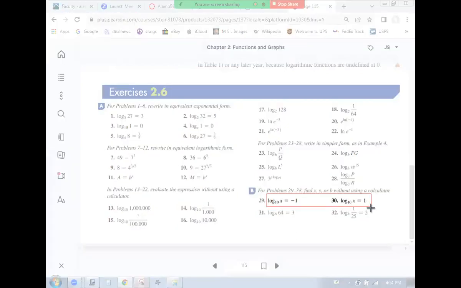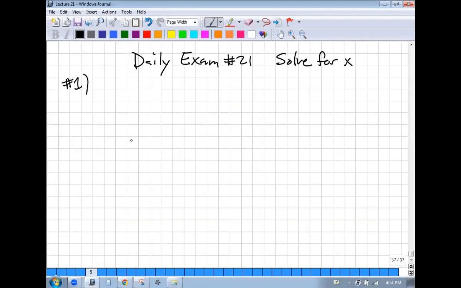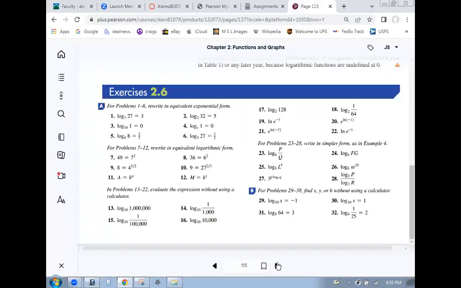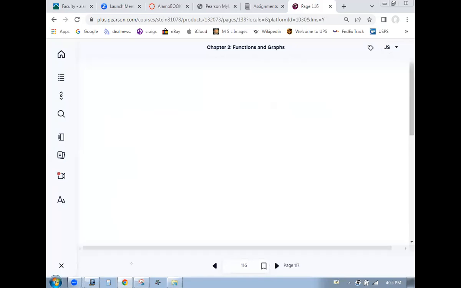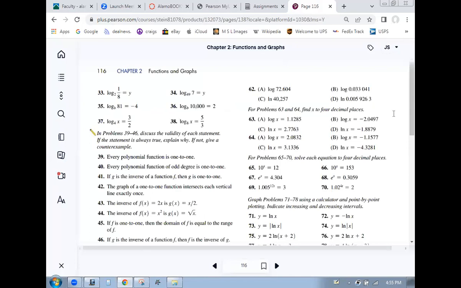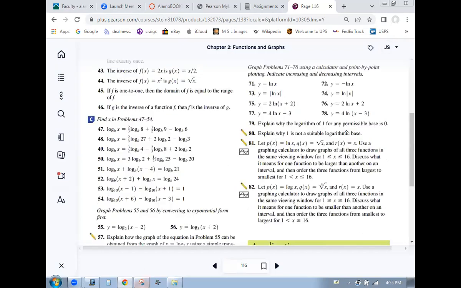And I'm going to do the same thing. I'll give you kind of an easy one, and then one that has more terms where you have to use your properties of logs, combine them and stuff. Yeah, these are the ones I want.